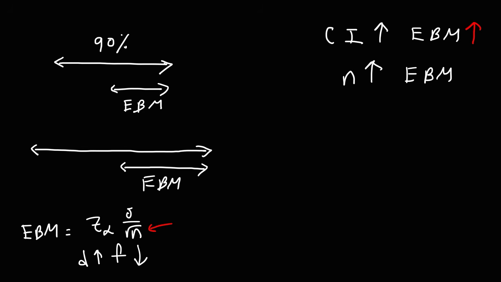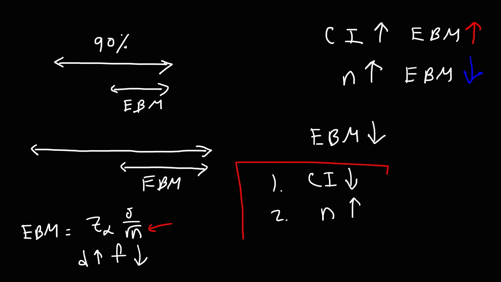Therefore, as you increase the sample size, the margin of error decreases. So there are two ways in which we can decrease the margin of error. The first way is to decrease the length of the confidence interval. If we decrease that, the margin of error will go down. The second option is to increase the sample size. Those are two simple ways in which we could decrease the margin of error.